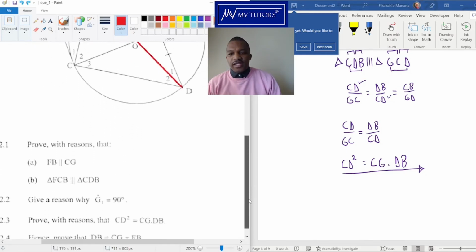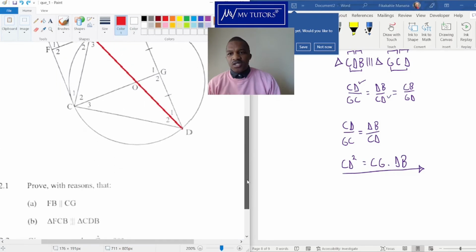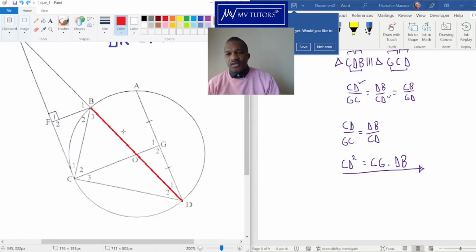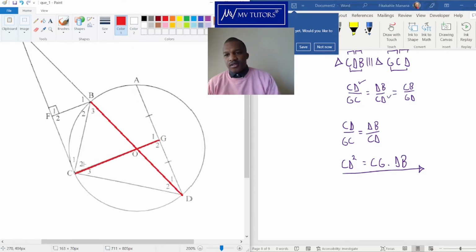And then they are saying it is equal to CG, so there must be a CG in the equation, CG, and also there must be an FB, FB. Okay, it looks crazy, but really we just want to identify the triangles that we will be working with.